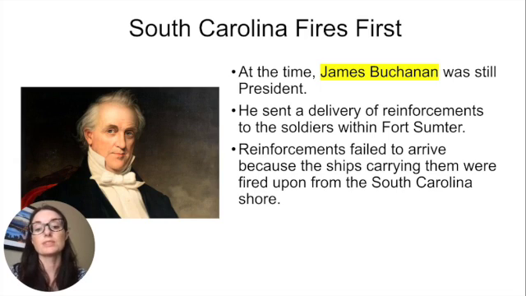So the president was sending reinforcements to the Union soldiers there. However, because South Carolina wanted those Union soldiers out, they fired upon the ships that the Union sent to resupply those soldiers. So South Carolina prevented those reinforcements from reaching Fort Sumter and the Union soldiers there.